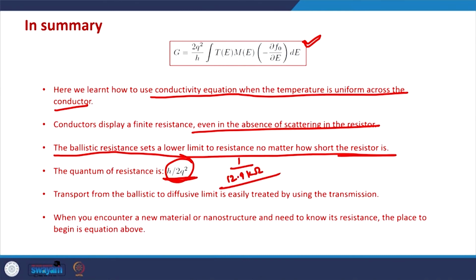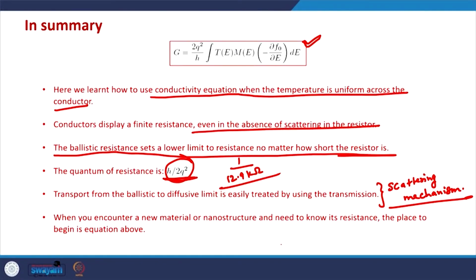Transport from the ballistic to diffusive limit can be easily calculated if we know the scattering mechanisms. By knowing the scattering mechanism, I mean we need to know the mean free path, and we need to know the transit time in the channel.